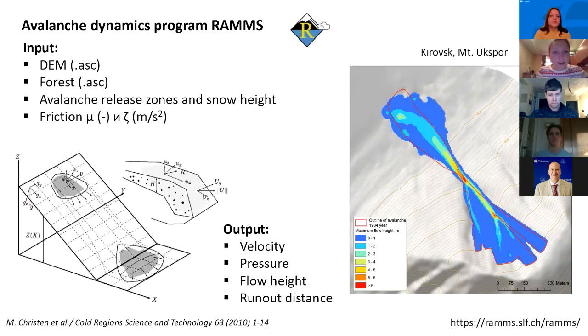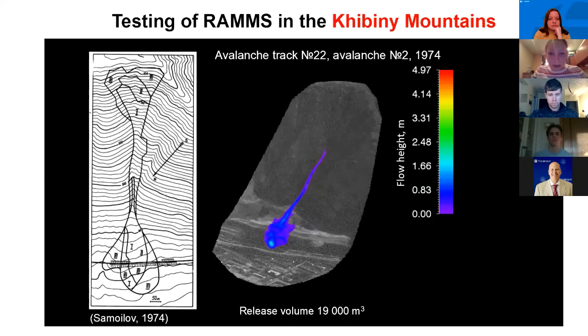Here you can see the main input parameters, so relief, information about avalanche potential or possible release zones, and friction coefficients.